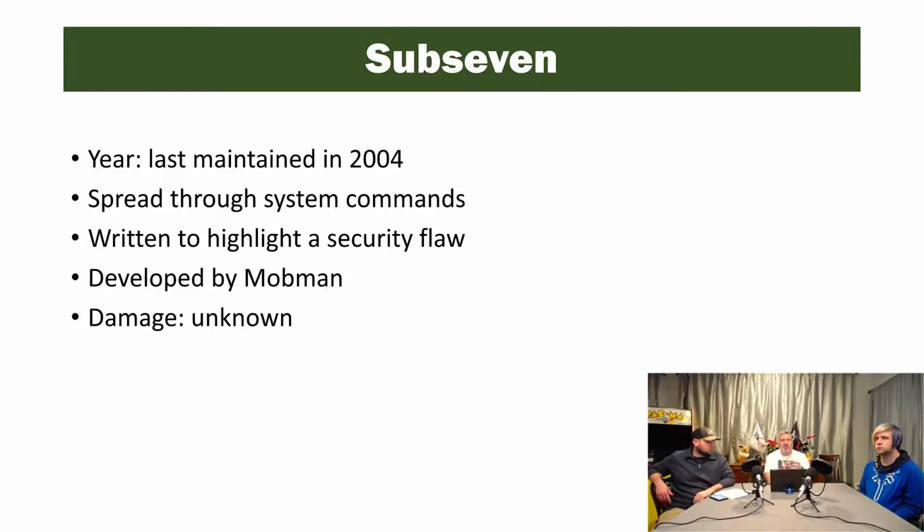The more generally accepted term is that crypto malware and ransomware are kind of the same thing. Crypto malware will encrypt files or folders on your system, and then they will make you pay money to get them unlocked. On the slide it says it's often confused with crypto mining.